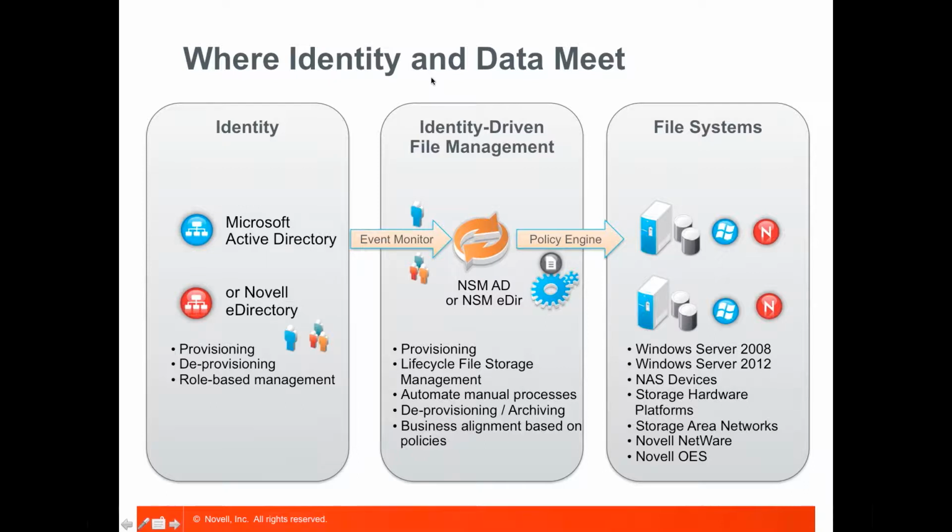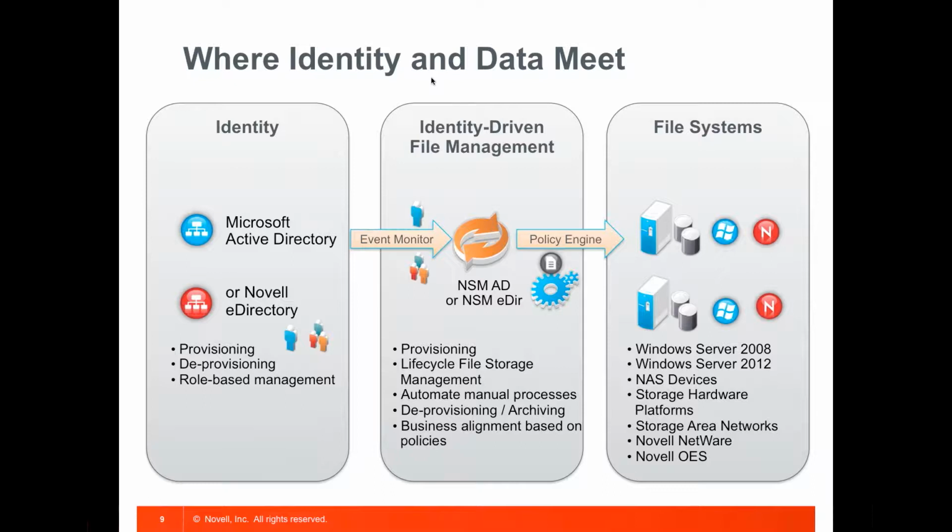So in the identity system, usually the heart of the vault is either Microsoft Active Directory or Novell directory, or in some cases it's both, right? So at the heart of any identity solution, you're going to have at least one of these two directories, or in some cases, I'd say both of them. This is where we choose to provision users, we provision their roles, we assign departmental access, and we can also do deep provisioning.